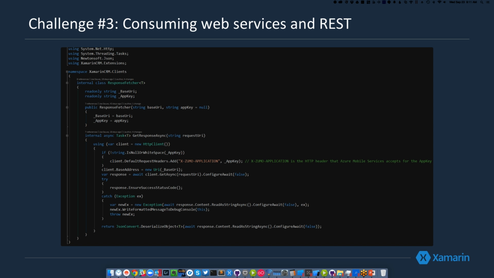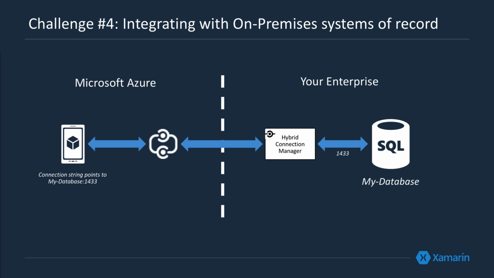So that's how easy it is with just a few lines of code to connect to existing web services. Now, the fourth challenge, which we haven't demonstrated in code just yet, we will come up with some samples on later in the next couple of months, but it's definitely possible: how do you integrate with on-premises systems of record. You can do that in two different ways.